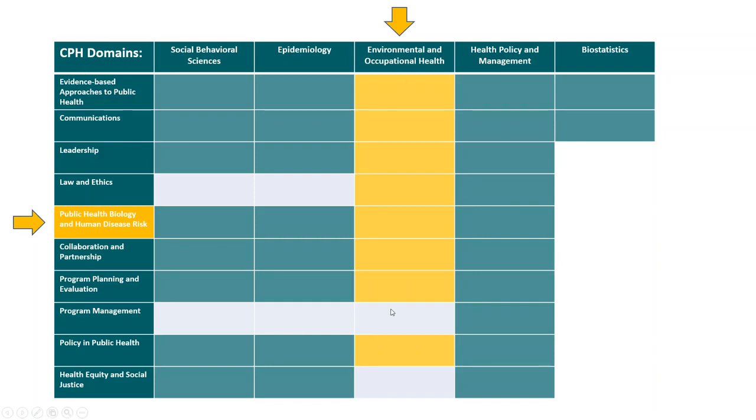And the yellow shading shows where environmental and occupational health content or environmental public health content really crosses most of the domain areas. However, having said that, most of the emphasis today will be on public health biology and human disease risk, or as I've modified it, environmental public health.